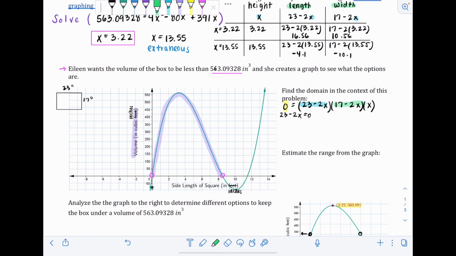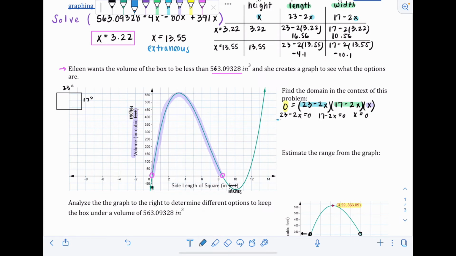Next is 17 minus 2x equals 0. And then the next one is just x equals 0. It's always easy to forget about the singular term factors, but we can't forget about those. Now we solve each little equation for x.